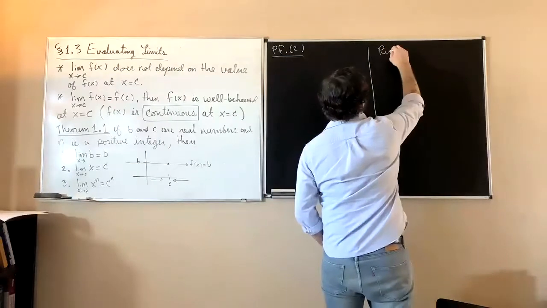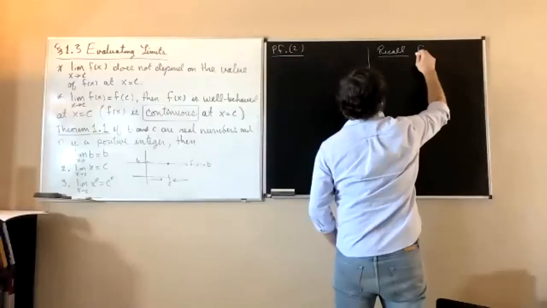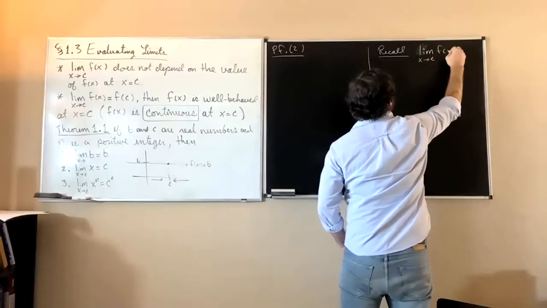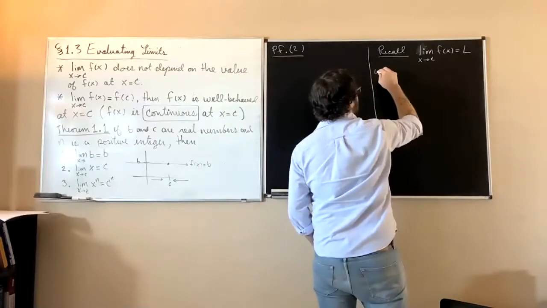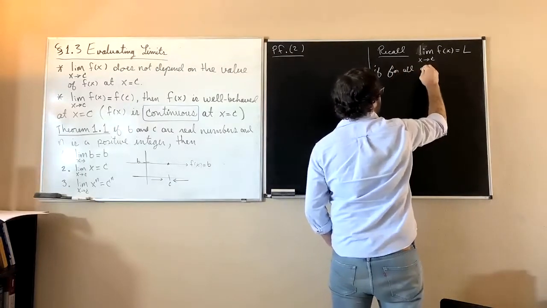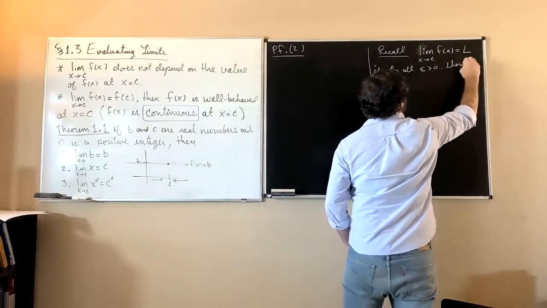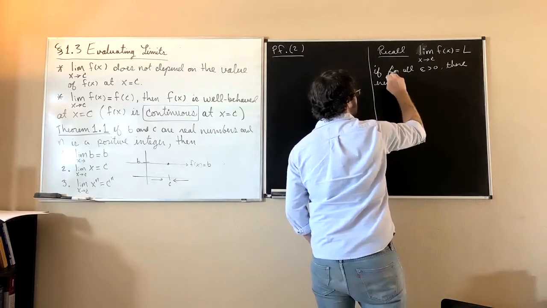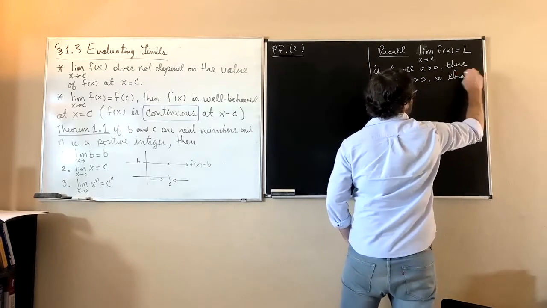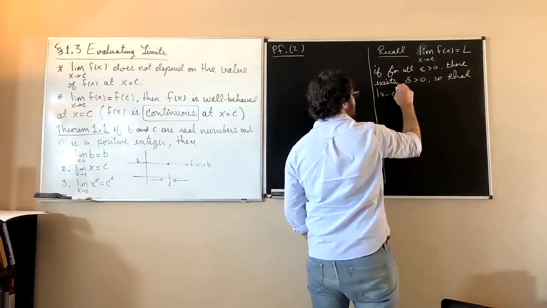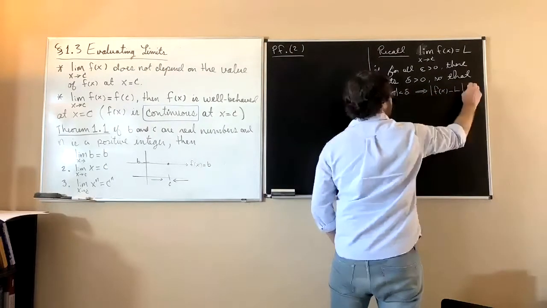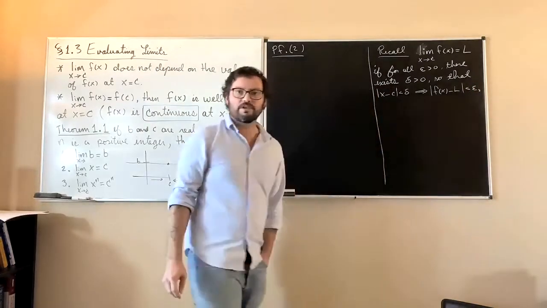Recall the limit as x approaches c of f of x equals L if for all epsilon greater than 0, there exists delta greater than 0, so that if the distance from x to c is less than delta, then the distance from f of x minus L is less than epsilon. So that's the formal definition of the limit from last time.